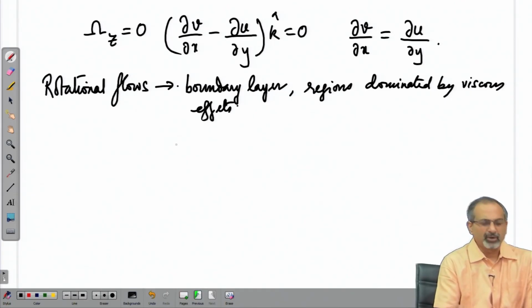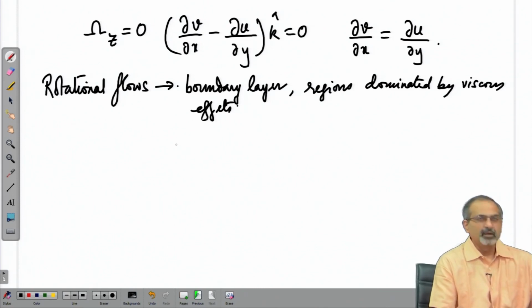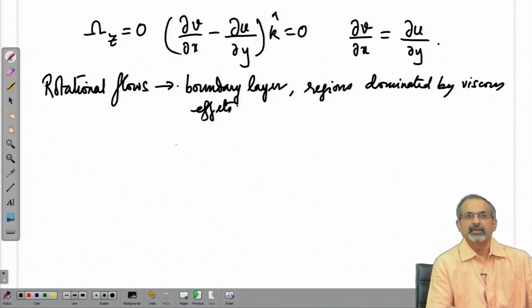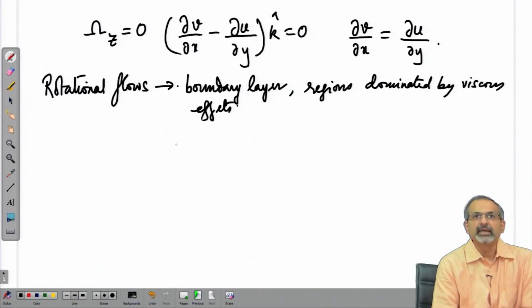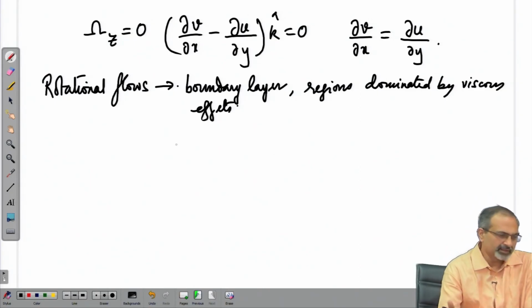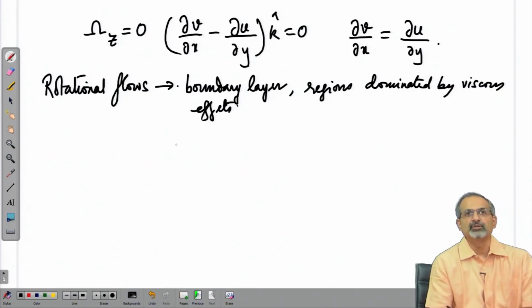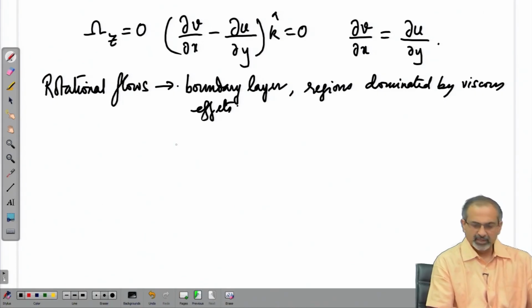When you go beyond the boundary layer, the viscous effects still exist, but they become negligible, and there you can by and large assume the flow to be irrotational.